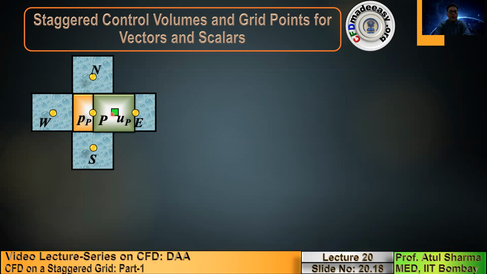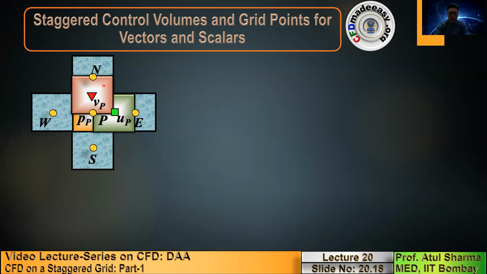This green square is the pixel, and this control volume is the one in which you will apply the X momentum conservation. And for Y momentum conservation, the grid point for velocity was proposed on horizontal face centers. This red inverted triangle is a pixel for V velocity, and this red control volume is where we will apply the Y momentum conservation to derive the algebraic formulation for the V velocity.